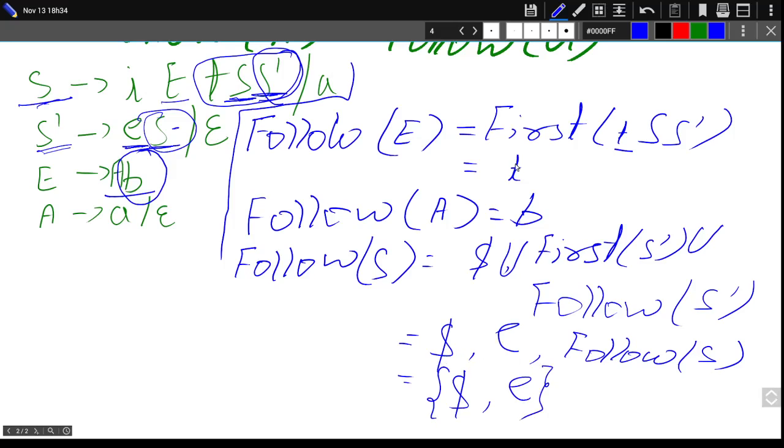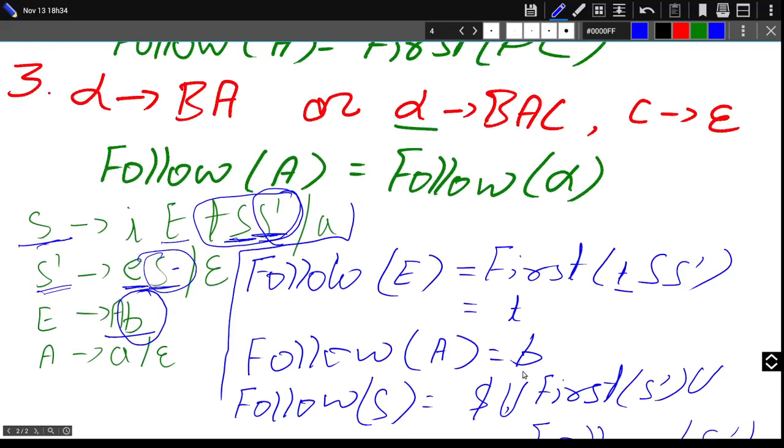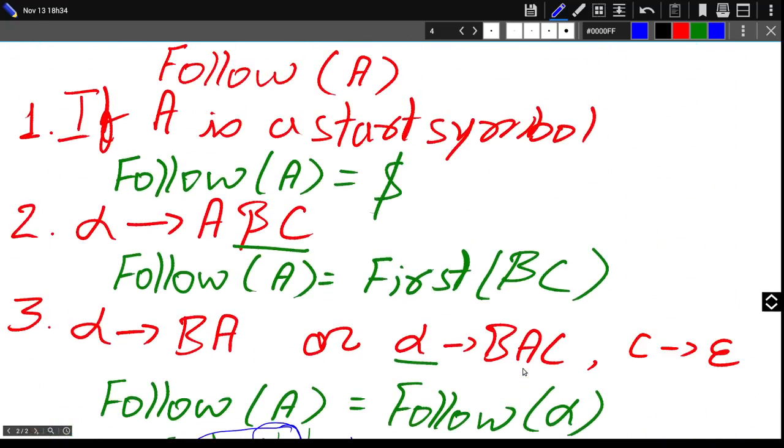In this way we find follow for a symbol in a grammar.